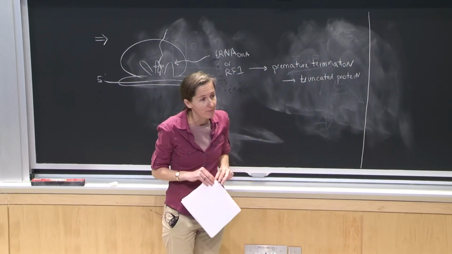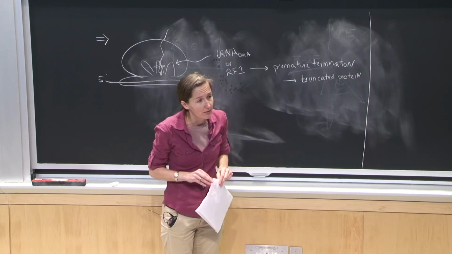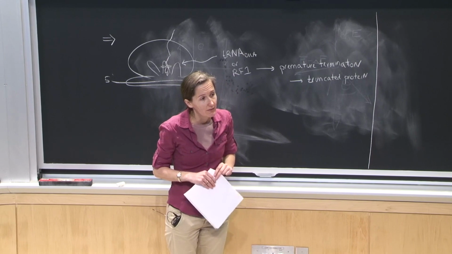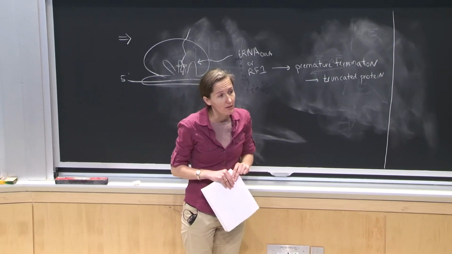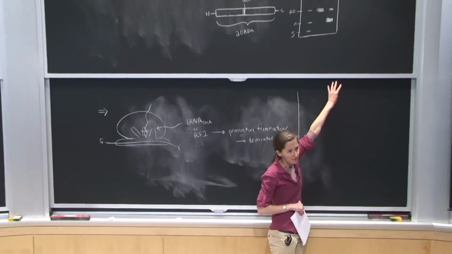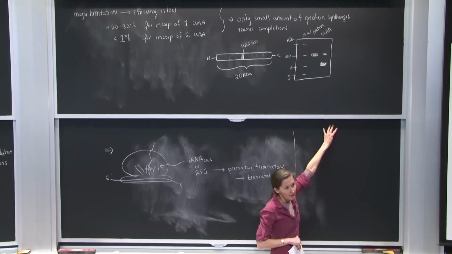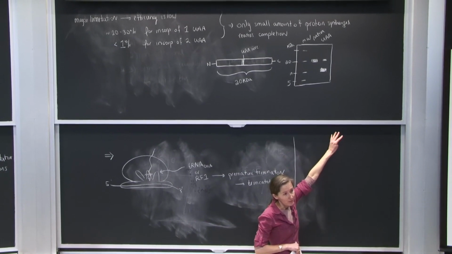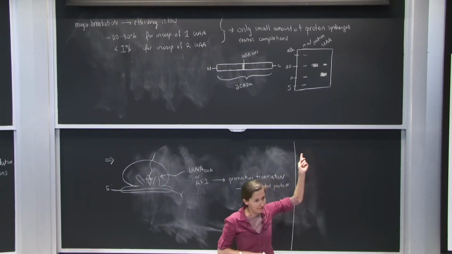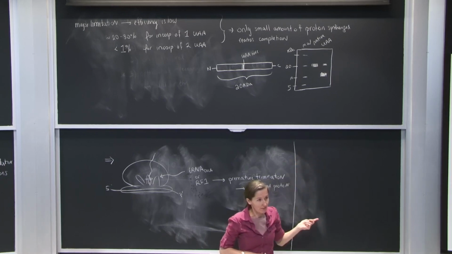How do you know that you actually got the unnatural amino acid in the 20 kilodalton product and not just the original? Because that's fluorescing. No, I mean, just imagine we're just looking at protein here. It would look the same. If you had a fluorescent amino acid, you'd see something. But if you didn't have the unnatural amino acid there, what else could be there?